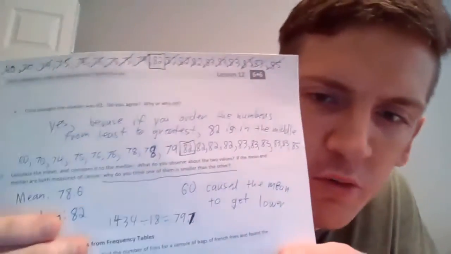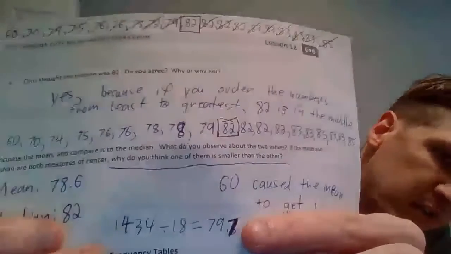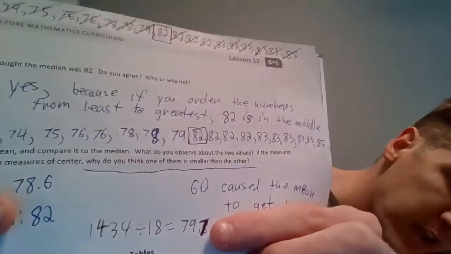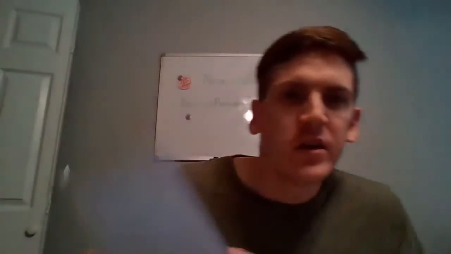Really, if I round that, because it's 79.6 repeating, I ended up getting a new mean of 79.7, which is at least a little bit closer to that median of 82.